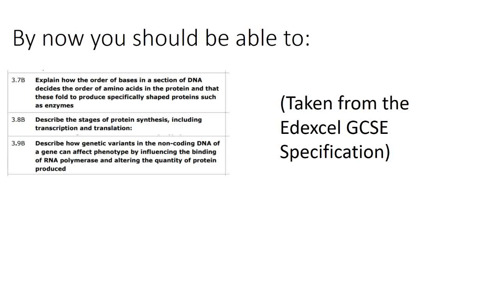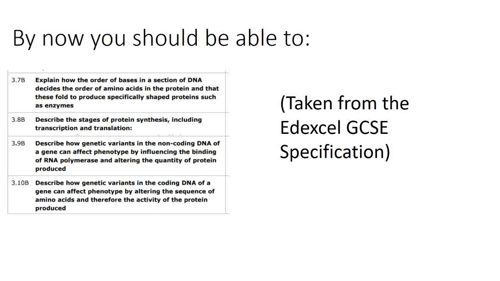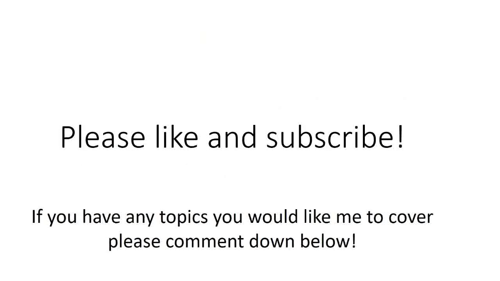You should be able to describe how genetic variants in the non-coding DNA of a gene can affect phenotype by influencing the binding of RNA polymerase and altering the quantity of protein produced. And finally, you should be able to describe how genetic variants in the coding DNA of a gene can affect phenotype by altering the sequence of amino acids and therefore the activity of the protein produced. And reminder, this is from the specification.